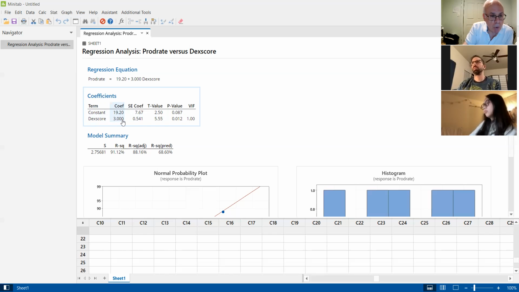Okay, so the coefficient minus the null beta value, which is 0, so it's 3 minus 0 divided by the standard error gives us the t. So 3 divided by 0.541 is 5.55. That's where they come up with that. Okay, this is the way you calculate these.